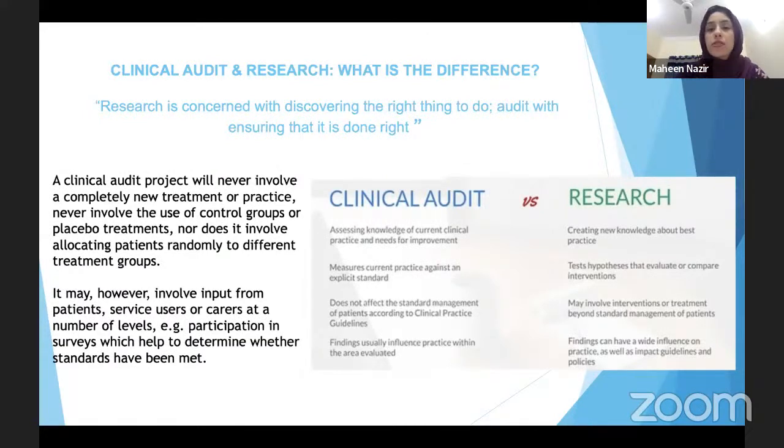I've also made a table comparing audits and research, and you can read that later. I'm going to be sharing this presentation as well, but right now I'll just give you a brief overview. As we proceed, with the help of examples, I will also demonstrate how audits are different from the research studies that we normally do.